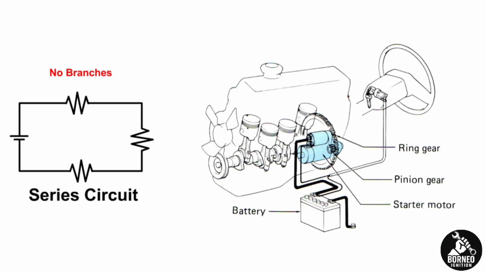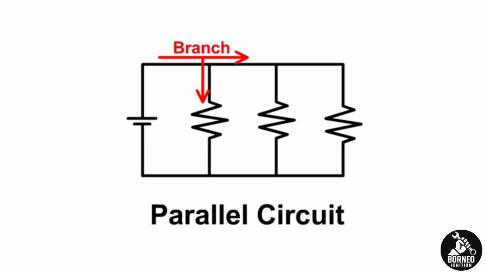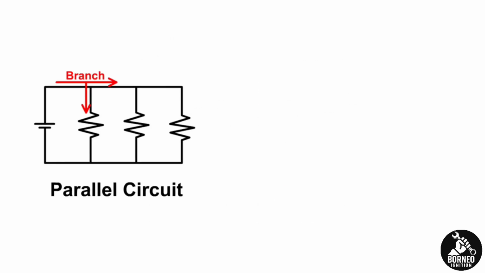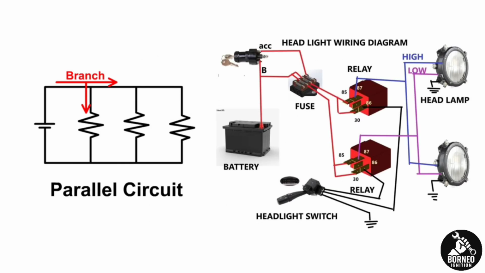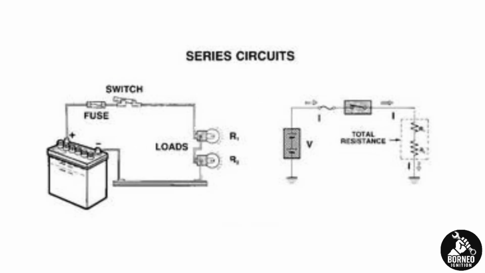Then we have parallel circuits, where parallel circuits have multiple paths for current to flow, and each electrical component receives the full battery voltage independently. So if one of the components fails, the other components continue to operate. While in the series circuit, if one of the components fails and the circuit is open, the entire circuit will stop working because the current cannot continue flowing.